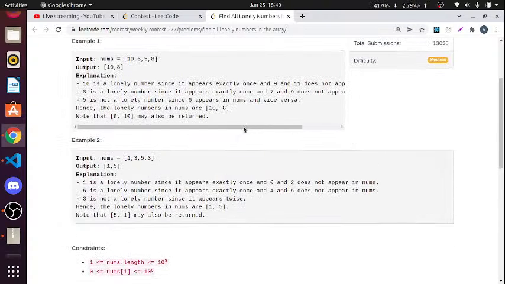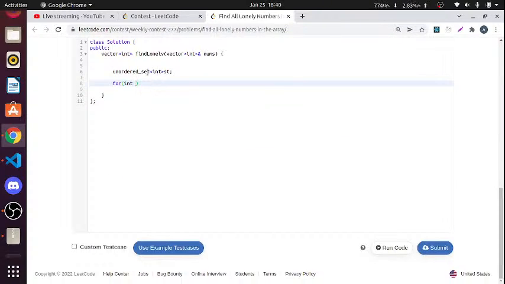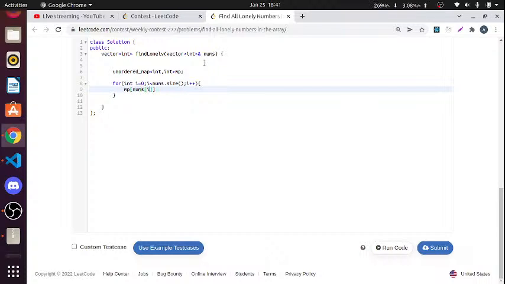But in fact we can count the frequency, right? So a map will be good. So we are just counting the frequency here.